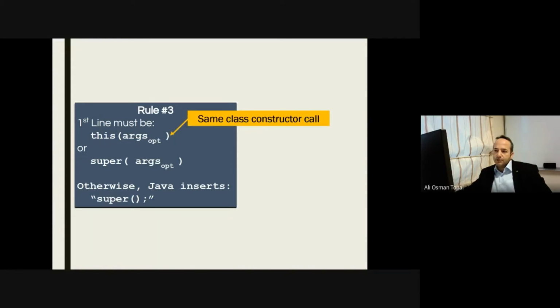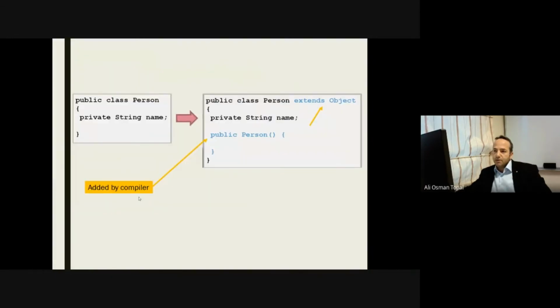If you don't have any of them, Java is going to insert this one, super with no constructor arguments. So edited by the compiler, class person, this is what I write, this is what happens. Extends Object, public person, because I don't have a constructor, Java puts this no argument constructor here.